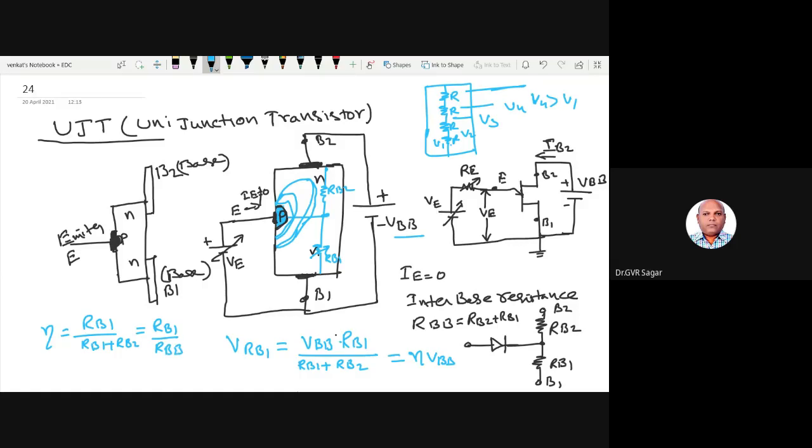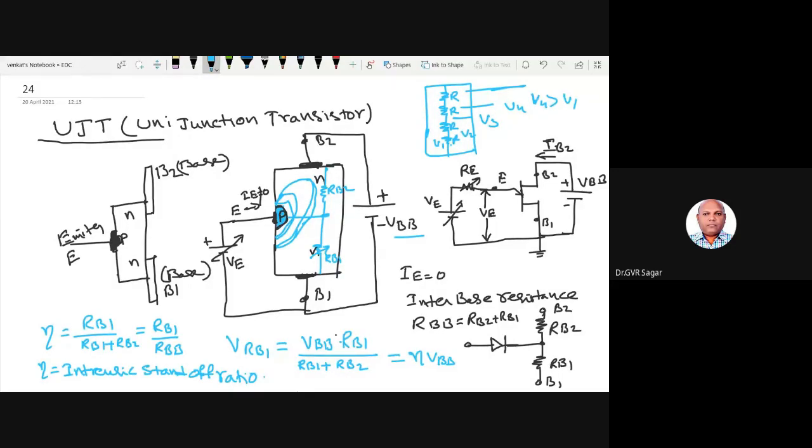RBB is RB2 plus RB1, as I said, under I equal to 0 the total resistance. So eta is called the intrinsic standoff ratio. Okay. So this is the operation of a UJT.